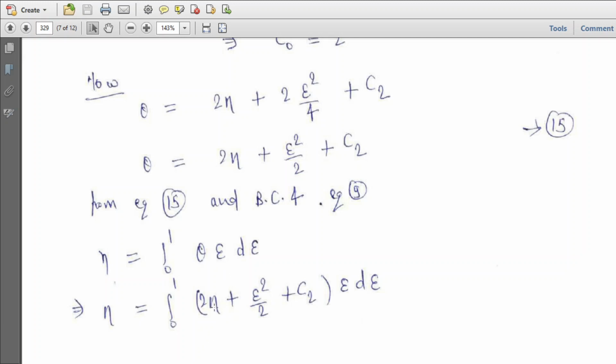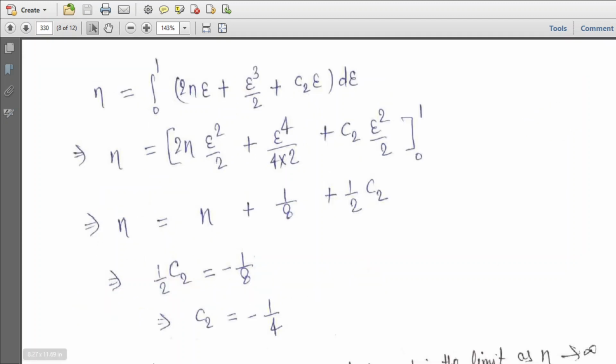So theta is 2 eta plus epsilon square by 2 plus C2, multiply by epsilon into d epsilon, multiply inside and integrate. So if you multiply and integrate it, you will get 2 eta epsilon square upon 2 plus epsilon 4 upon 8 plus C2 epsilon square upon 2, and limit is 0 to 1. So if you substitute here, you will get C2 equal to minus 1 upon 4.